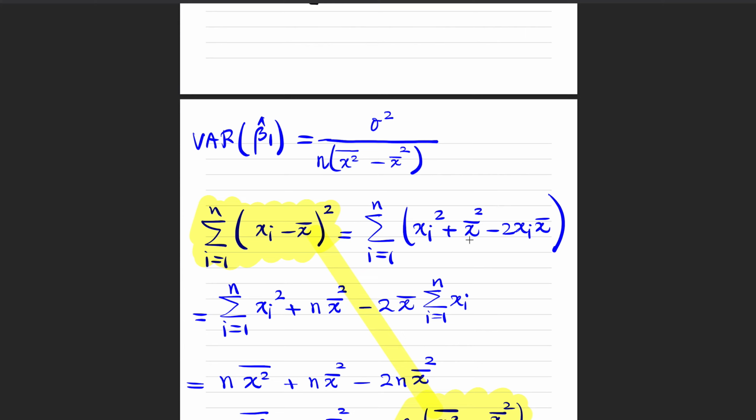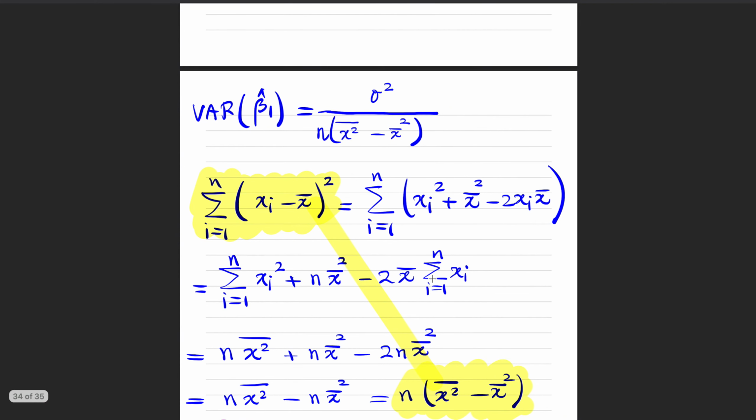Then you have n x bar squared minus 2 x bar times the sum of xi's. And the sum of xi's is what? The sum of xi divided by n is x bar. So the sum of xi is nothing but n x bar. And n x bar times x bar will give you 2n x bar squared.